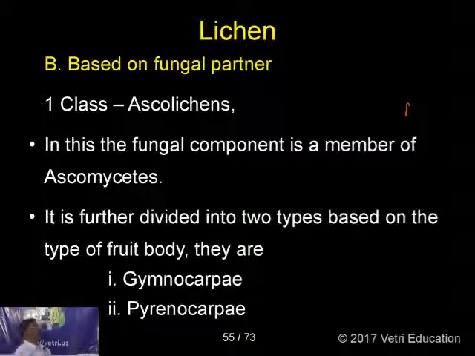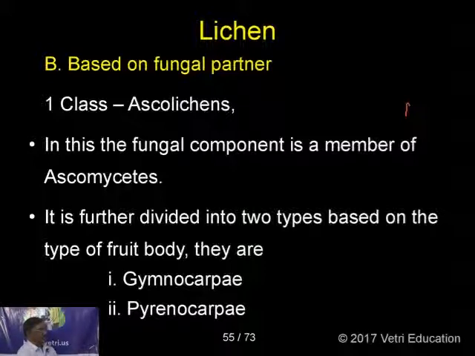So in this first class, ascolichens, as I told you already, the fungal component is a member of Ascomycetes. It is further divided into two types based on the nature of the fruit body. So in sexual reproduction, they produce fruit bodies.